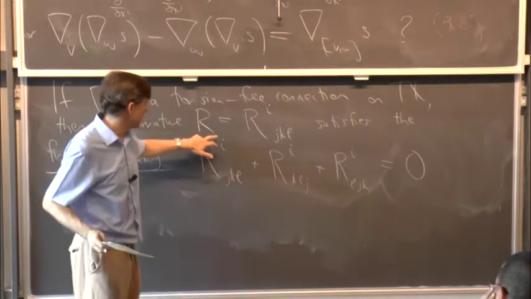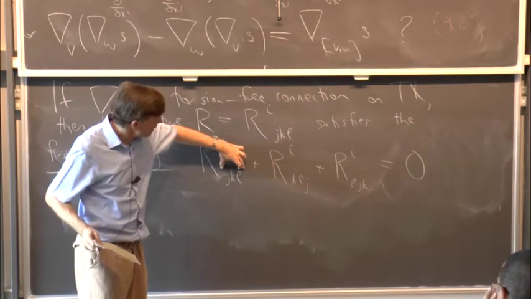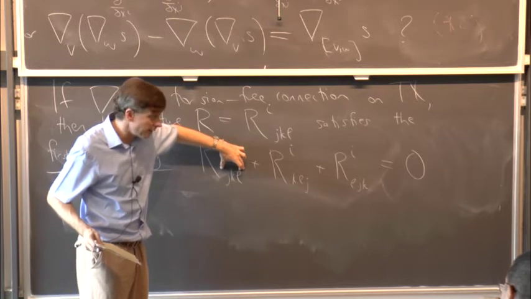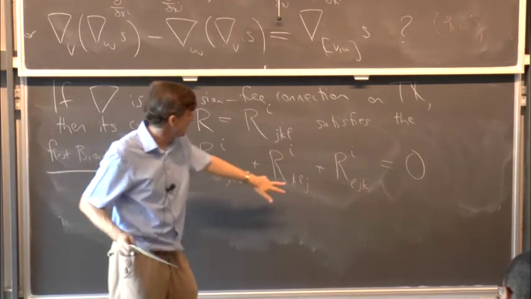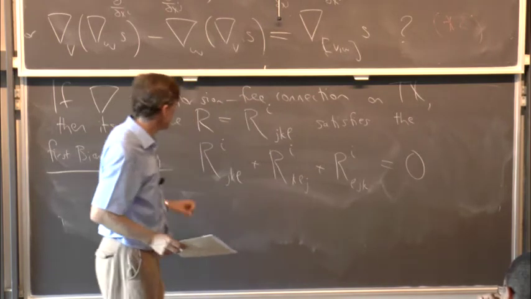So here I've done a cyclic permutation of the three downstairs indices: jkl, klj, ljk is 0.